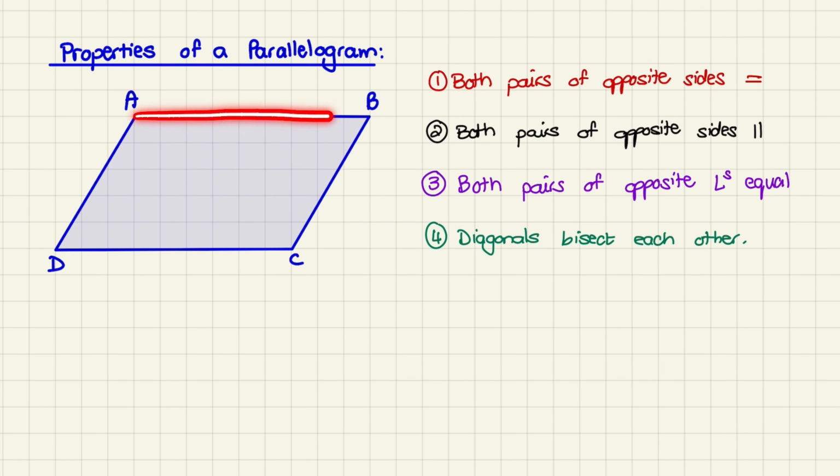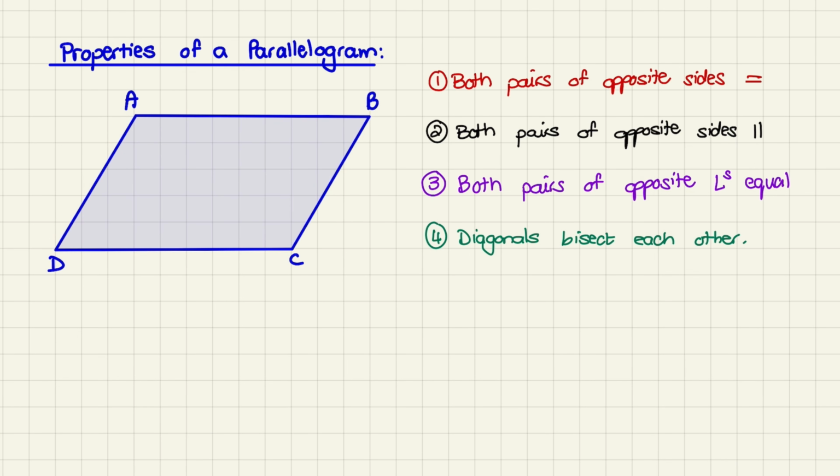So what we are saying is that the opposite sides, AB and DC, are equal, and AD and BC are equal. Notice we are not saying that all 4 sides are the same length.